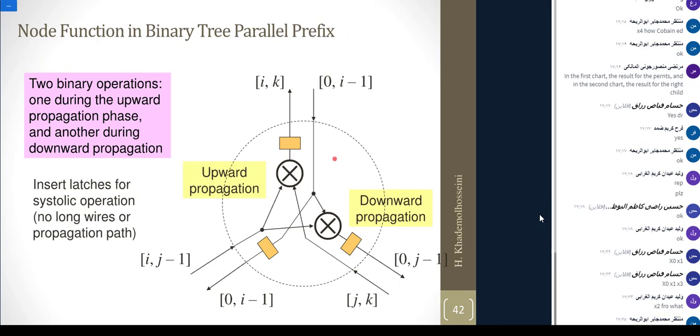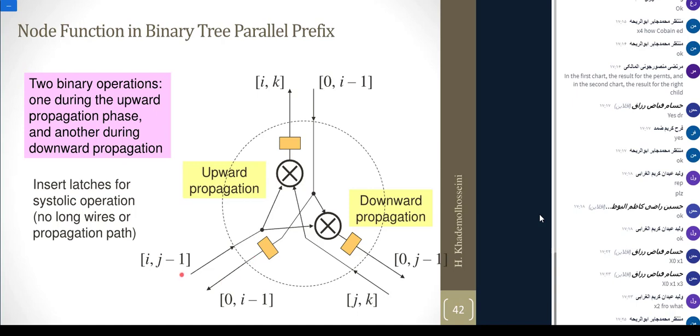We have another node function in parallel prefix. We had two binary operations, one during the upward propagation phase and another during the downward propagation phase. You see a symbol here. What is done in upward?